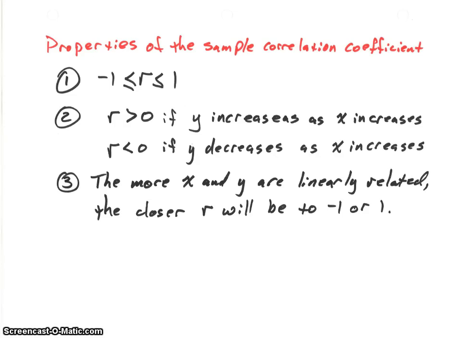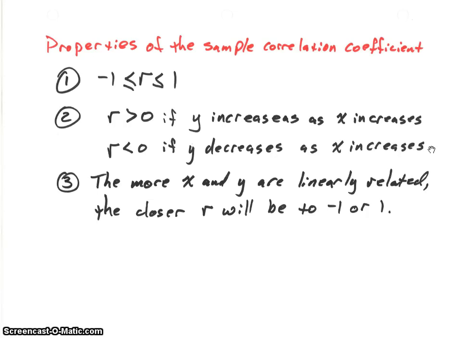The second property is that if y increases as x increases, so in other words, if our plot has a positive slope to it, then the sample correlation coefficient will have a positive value. If when we plot the data in a scatter plot it tends to have a negative slope, or y decreases as x increases, then it will have a negative value.